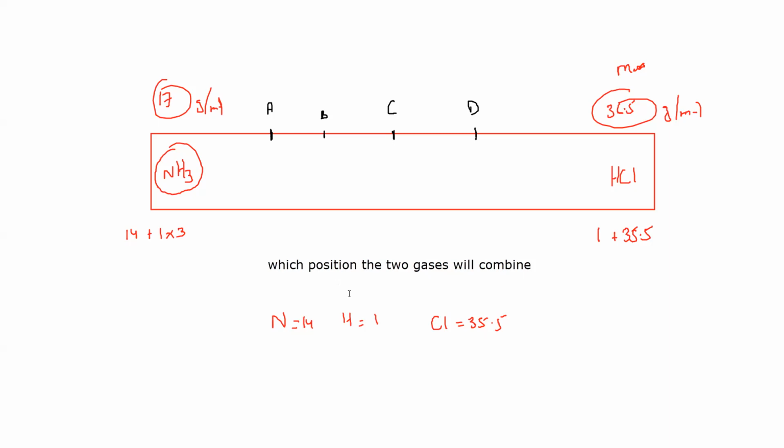C is exactly the center. There is one specific point where the two gases will combine. The correct answer for this is D. But what is the reason why D is the right answer? Because NH3 is lighter.